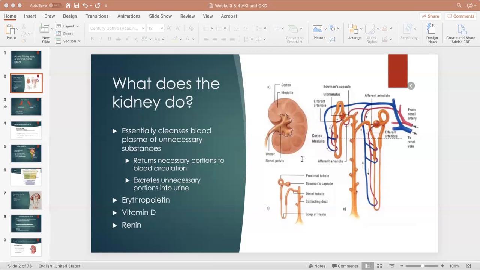And the glomerulus is basically a bunch of capillaries with semi-permeable membranes. And you remember from your fluid balance how fluid shifts in and out of the vascular system largely through hydrostatic pressure.